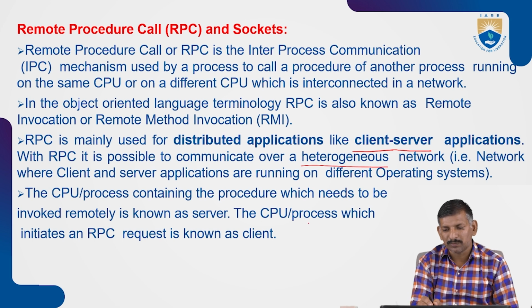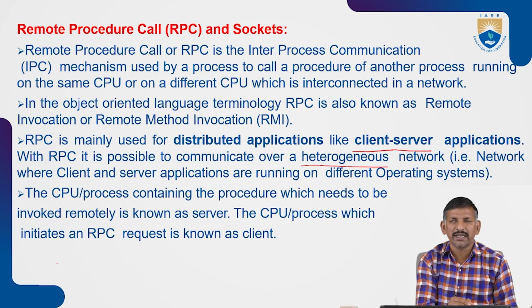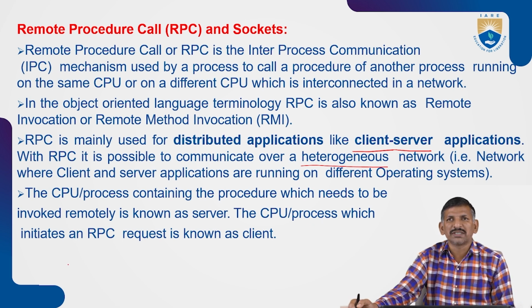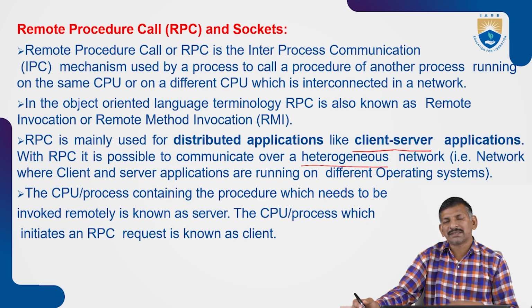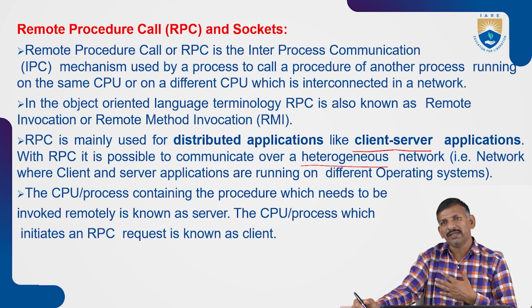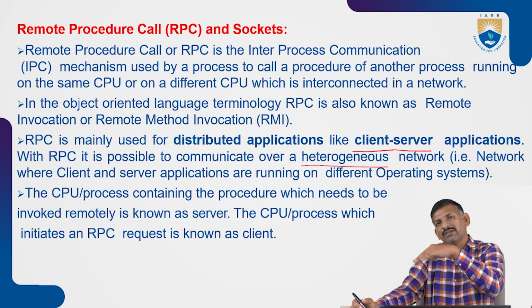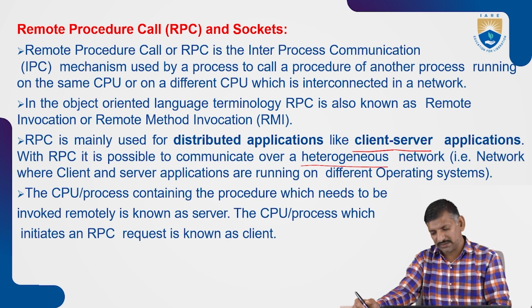The process which initiates a remote procedure call request is known as the client. Suppose I am using Gmail. That Gmail database is available in the corresponding Google servers, but I am accessing my Gmail account from my location. So I am the client, and that server is available in some different location.